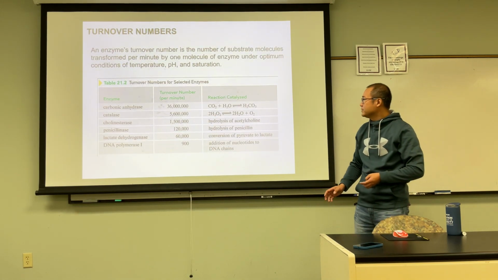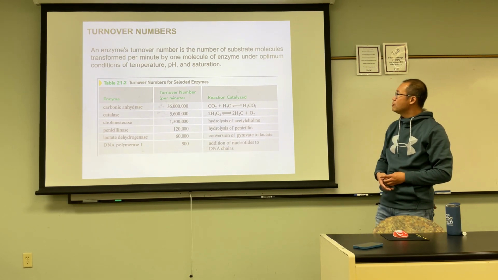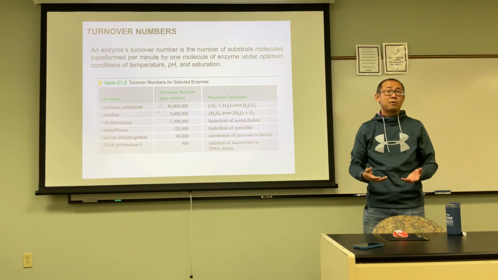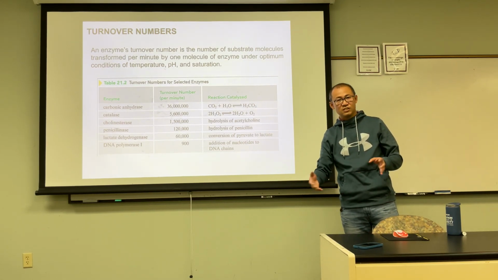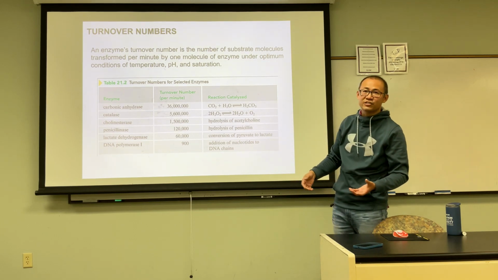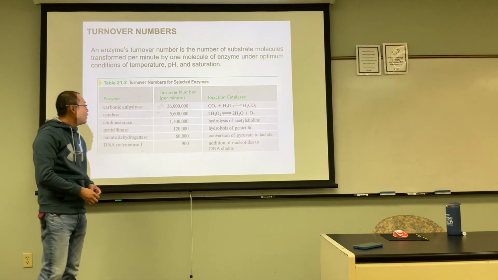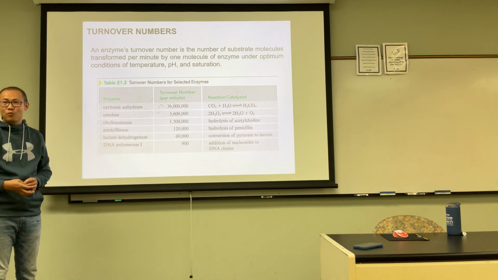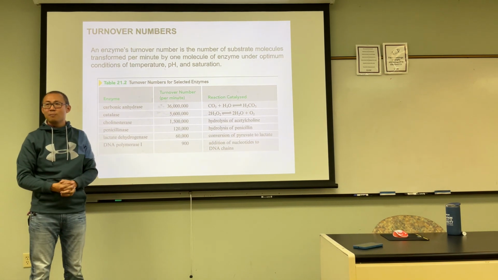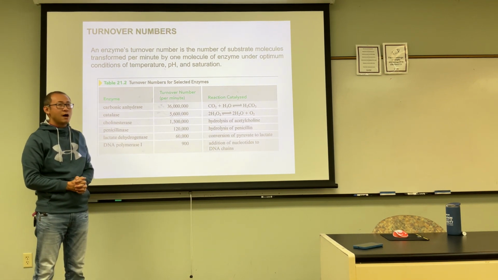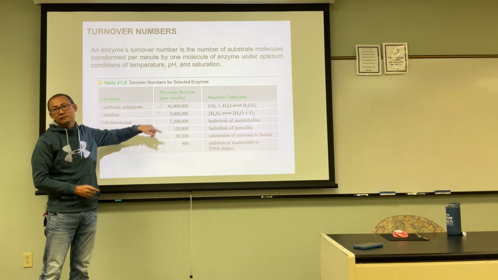Next, okay, this chart shows you different enzymes have different numbers of seats, or how fast they can turn over. Some enzymes are slower, some enzymes are faster. But in general, you can see how amazing enzymes can work on our reactions. This is a concept called turnover number. Turnover number means how many molecules they can catalyze per minute.